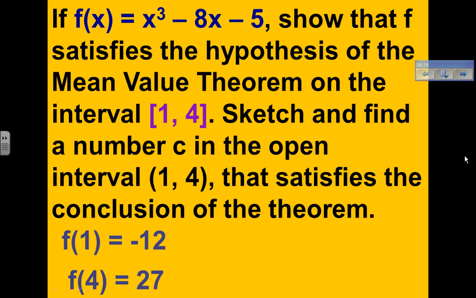All right, so you got the mean value theorem. You got two different y values, check. You got a conclusion that it's a polynomial, so it's continuous for all x. So therefore, there's got to be something, the derivative has to equal the average rate of change. So the derivative is 3x squared minus 8.